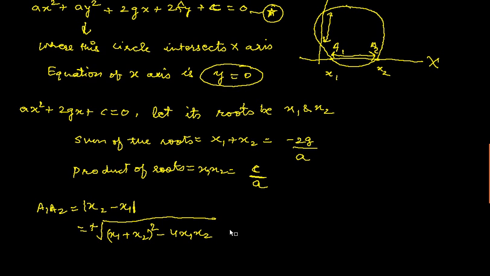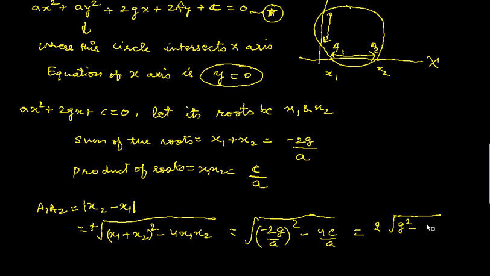Now what is this? This is equal to minus 2g upon a square minus 4c upon a. This is equal to 2 times square root of g square minus ca upon a.